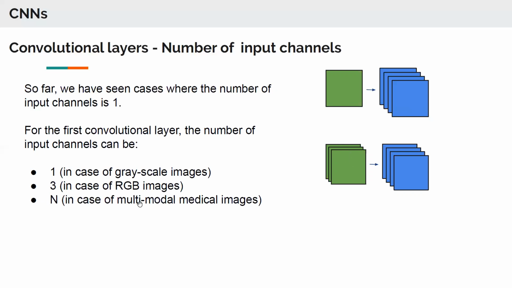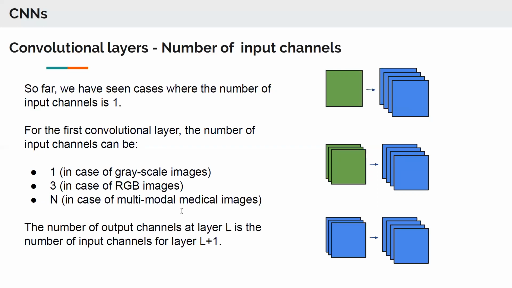Or if we have multimodal medical images, so if we have an MR and a CT image, and we are trying to make some diagnosis based on both of these images together, then we will have, for example, two channels in the input. Or in the general case, we can have some n number of input channels. Also, if we look at a certain hidden layer in the network, then we will have some generic number of input channels and some generic number of output channels.